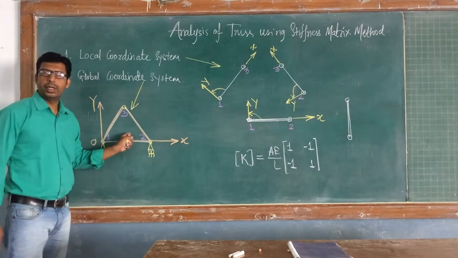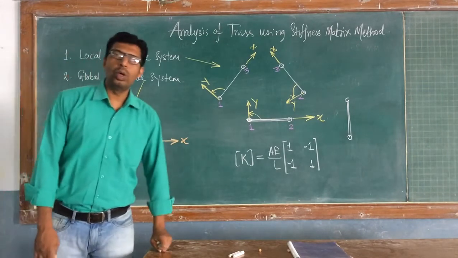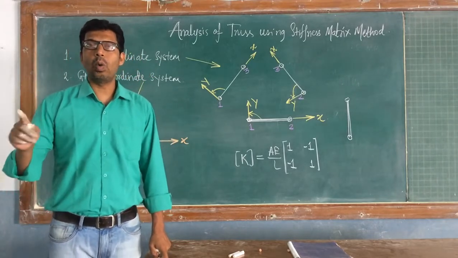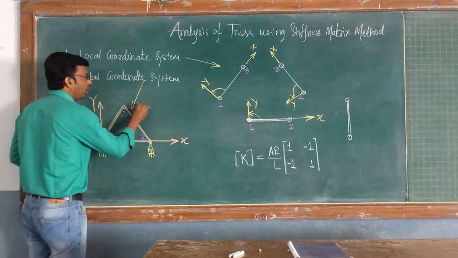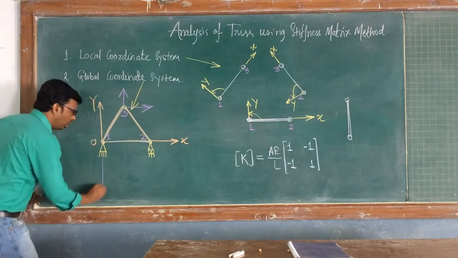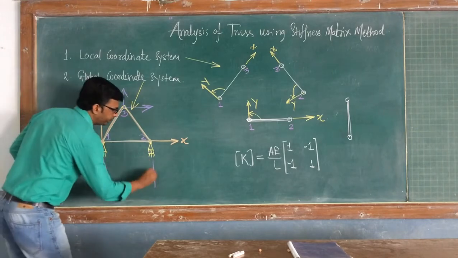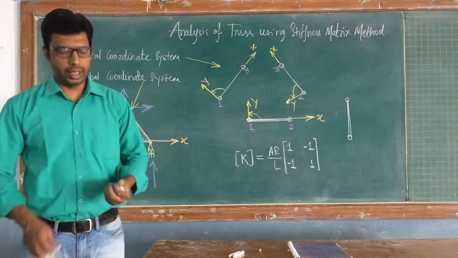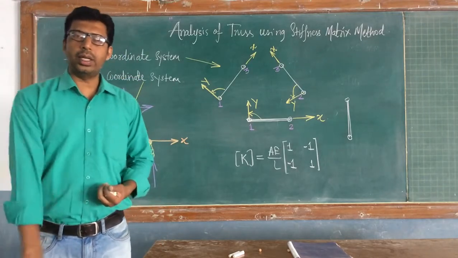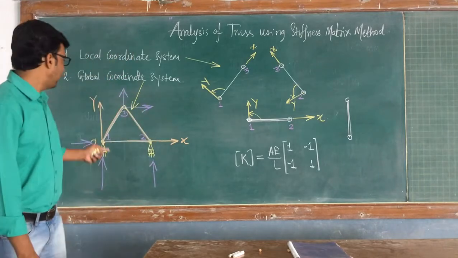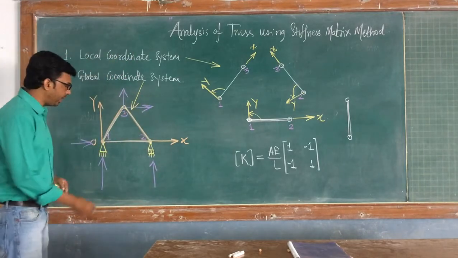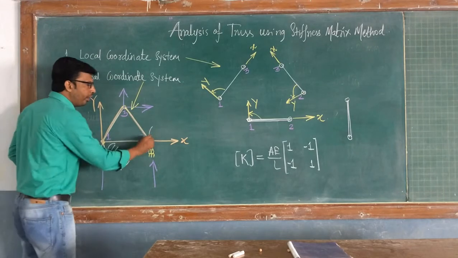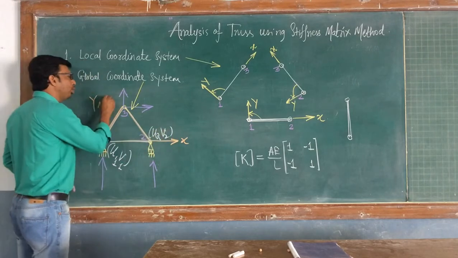For example, the truss is subjected to two directional forces: forces in x direction as well as forces in y direction. So when you apply the forces in x and y direction, at each joint of the truss there are two displacements, horizontal displacement and vertical displacement: U1, V1, U2, V2 and U3, V3.